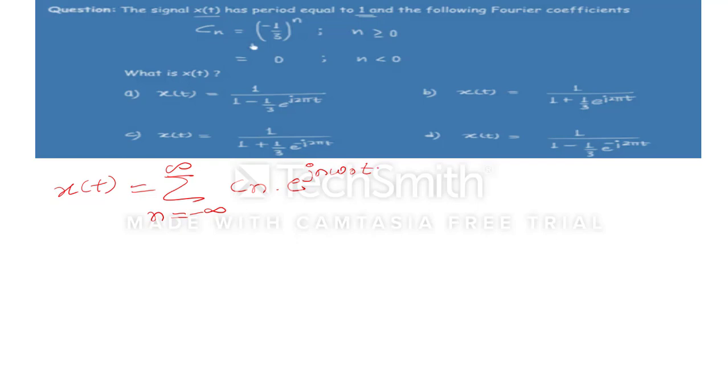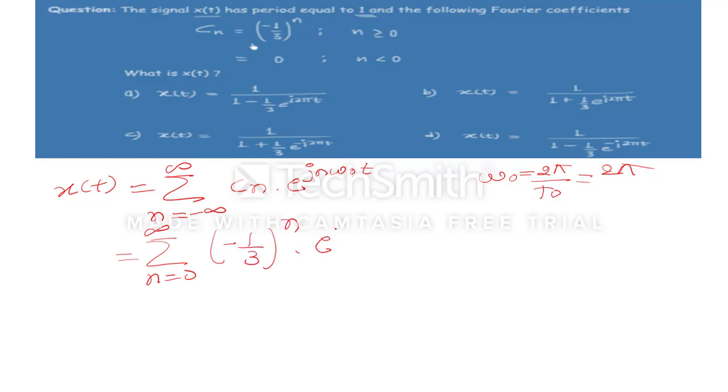Here the time period is given as 1, so omega naught is 2 pi by t naught, which becomes 2 pi. When we put in the values, n greater than or equal to 0 has this value, otherwise it is 0. So we take n equal to 0 to infinity, minus 1 by 3 to the power n, and e to the power j n 2 pi t.